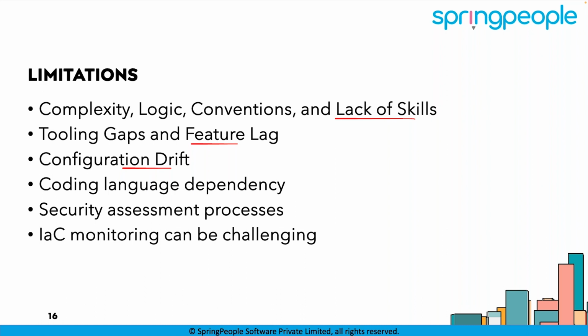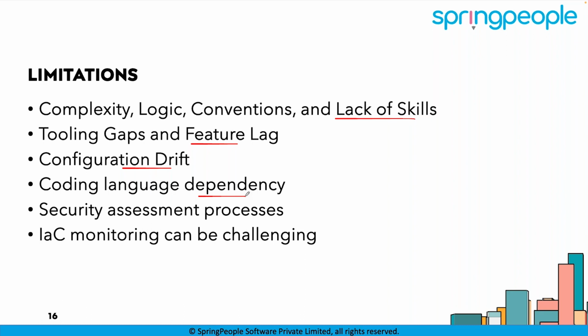Coding language dependency comes into the picture when you don't have the feature. Say, for example, as I was telling, we had certain issues. AWS introduced one particular service, and the people who already wanted to use it could not, because that feature is not available in the AWS provider.